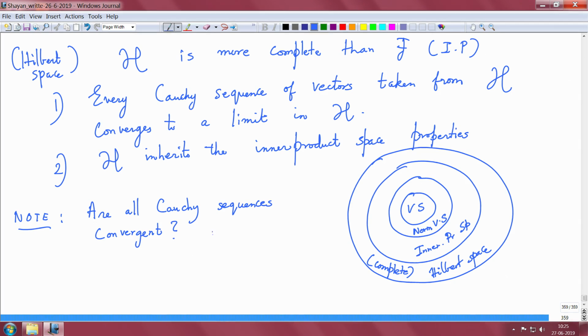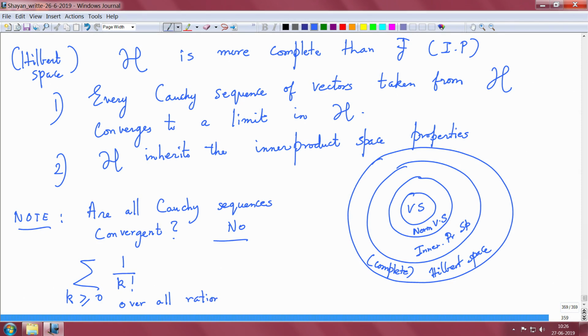The answer is no. For example, if you look at this series summation, which we are all familiar, summation 1 upon k factorial, where k is greater than or equal to 0, and let us say the space is over all rational numbers.